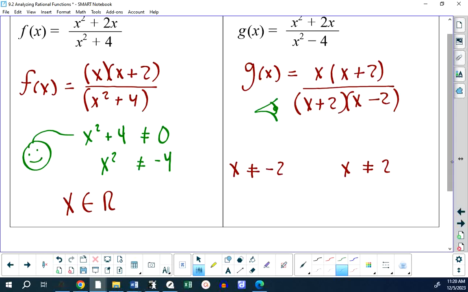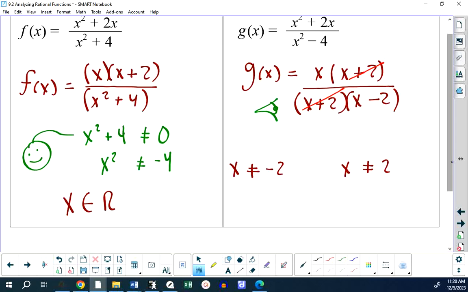So if x plus 2 is 0, that would make x negative 2, so x can't be negative 2. If x minus 2 is 0, that would make x 2, but x can't be 2 because then x minus 2 would be 0. So these are non-permissible. However, those cancel.